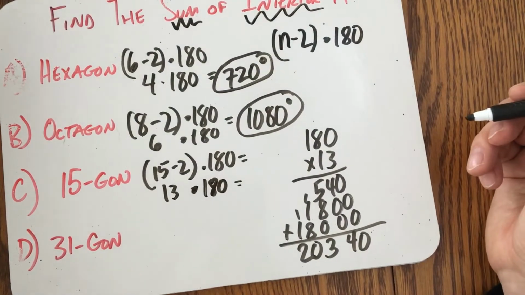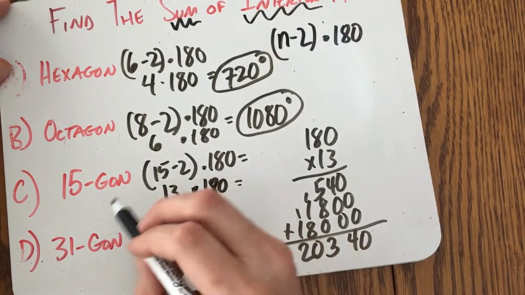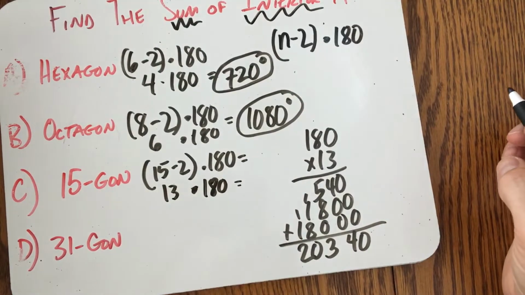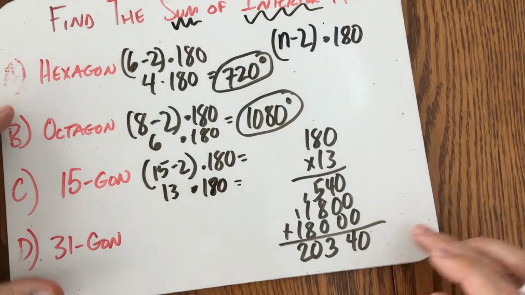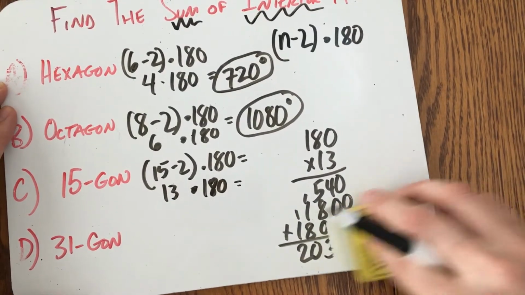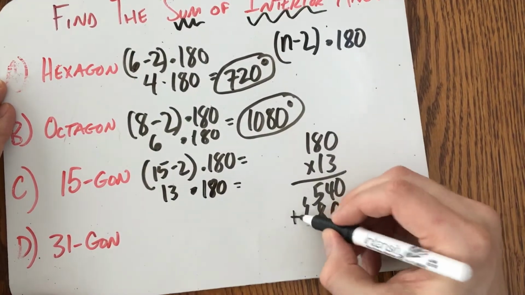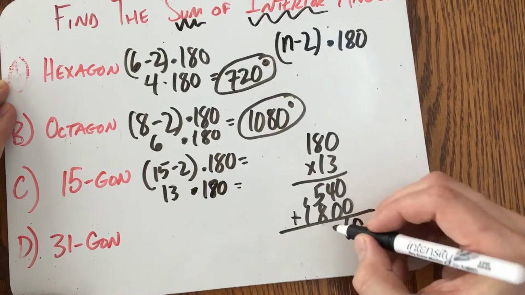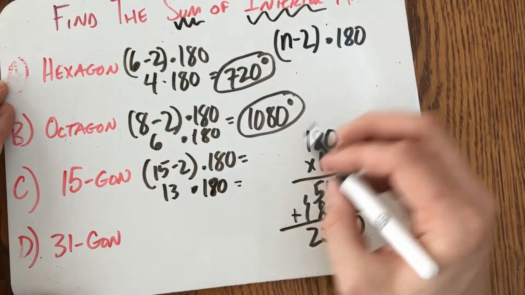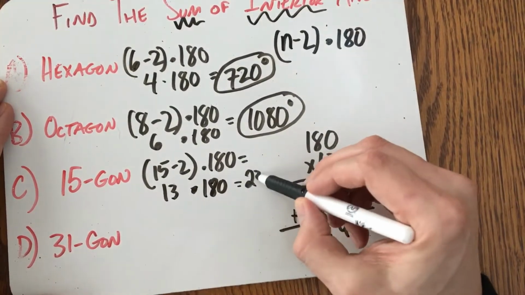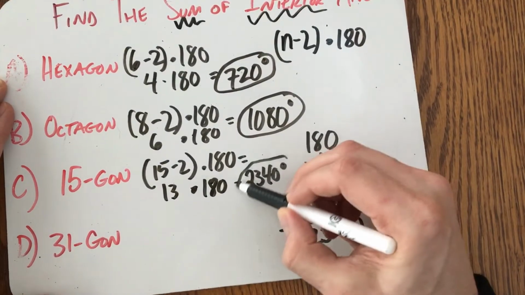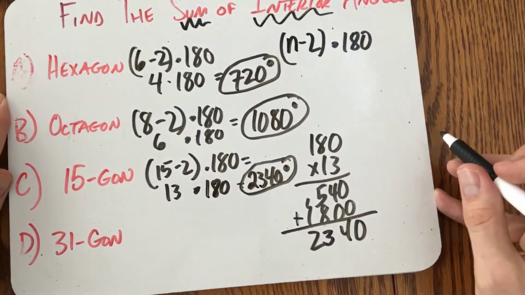I feel like I did that right. 20,000? No, there's no way that's right. I did an extra row. What an idiot. I told you I would mess this up. Why did I do a third row like a moron? 0, 4, 3, 1. There we go. 2,340.